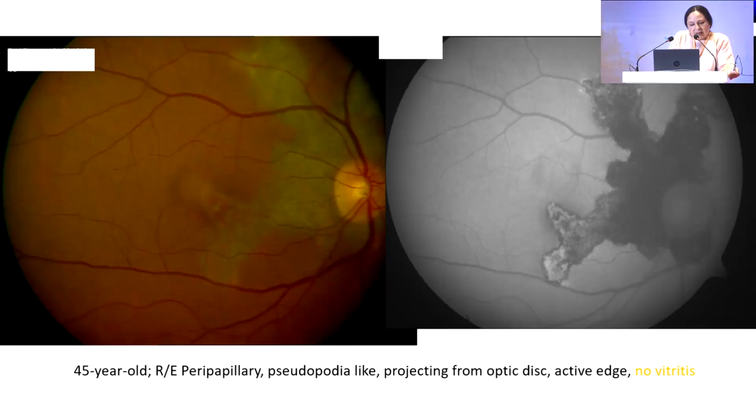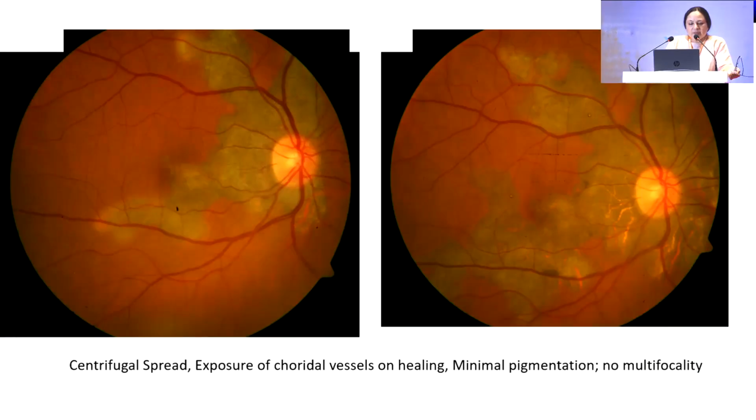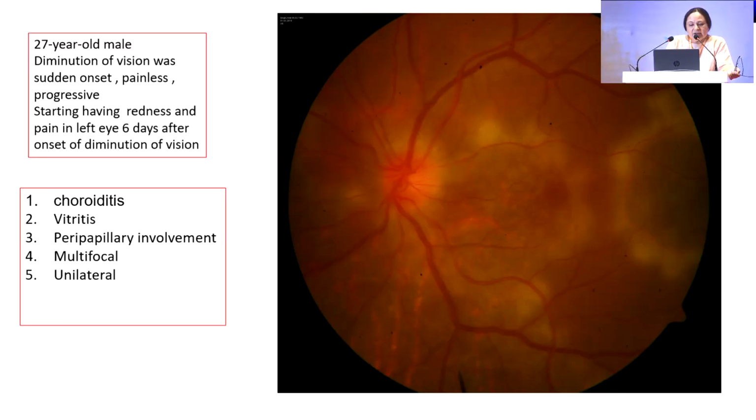So another serpiginous and serpiginous-like. This is classic serpiginous, which we do not see much in our country, which has the pseudopodia-like projection starting from the optic nerve head, and there is a progression. This little bit of white that you are seeing is what it progresses, and this is how it heals.